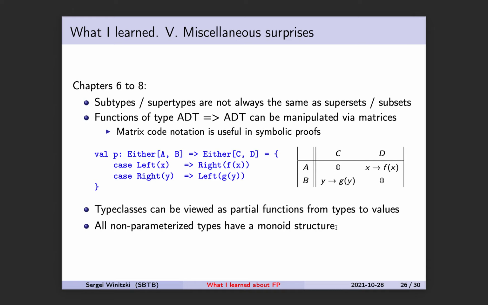So you can define a monoid instance for every specific type. The only thing you cannot define a monoid instance for is a type parameter A. You have no idea what that is, and you don't know how to define a monoid for it. So if you don't have type parameters, then you can define a monoid structure. That's kind of an interesting observation.